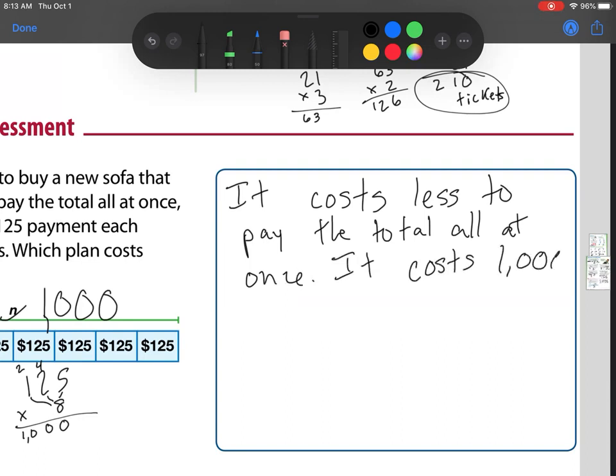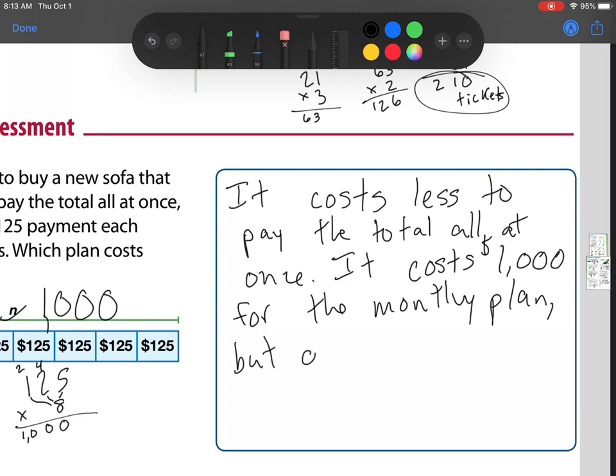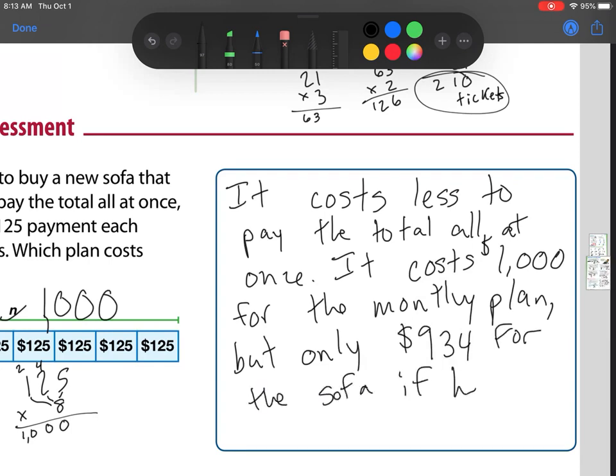It costs $1,000 for the monthly plan, but only $934 for the sofa if he pays all at once, which is a difference of 66. Good job, guys. I know this one was a long one.